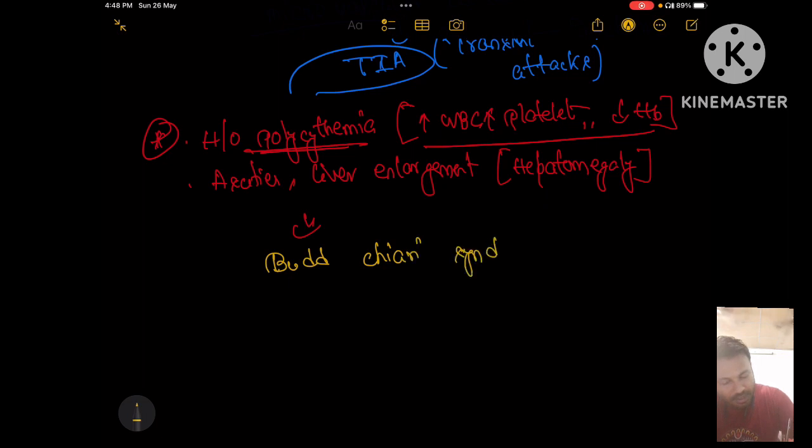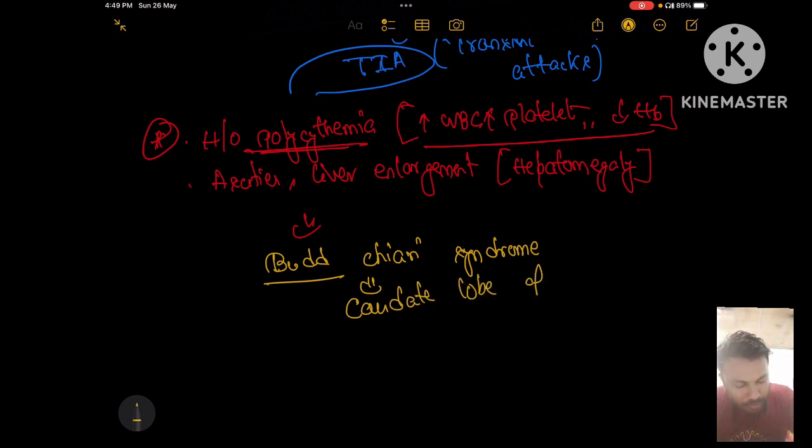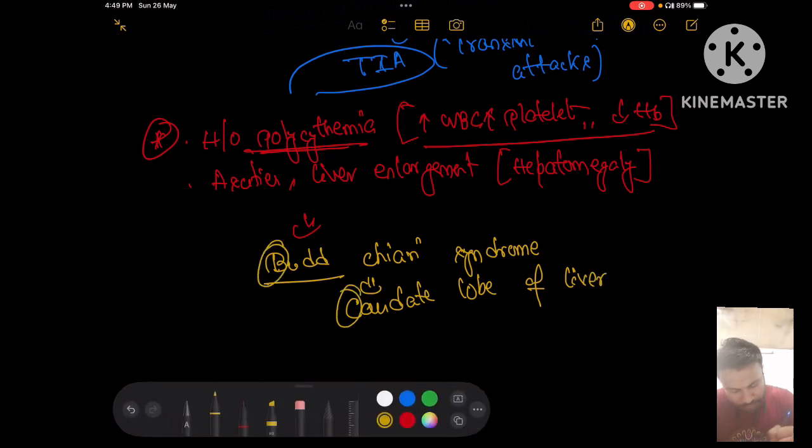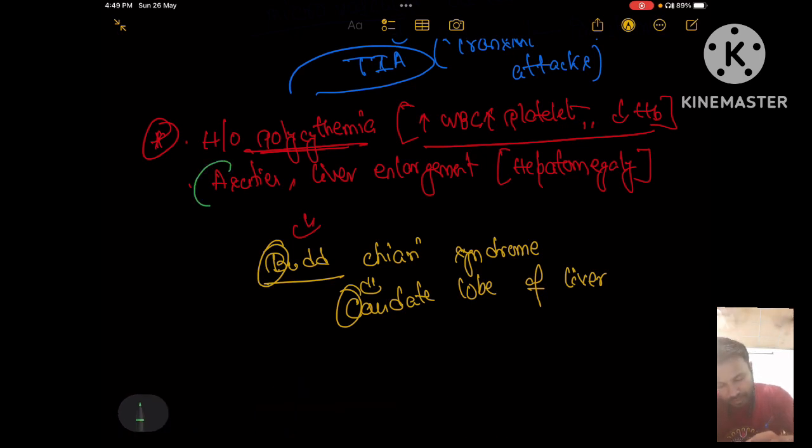So how can you remember it? Budd-Chiari syndrome mainly affects the caudate lobe of the liver. So, A for ascites, B for Budd-Chiari syndrome, caudate lobe, hepatomegaly, and polycythemia.